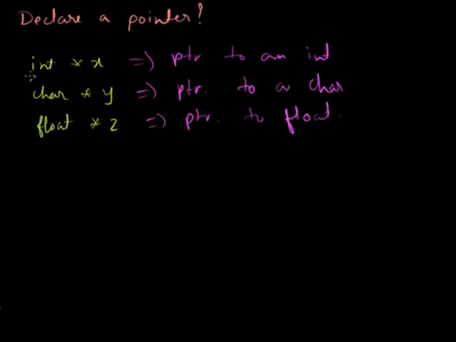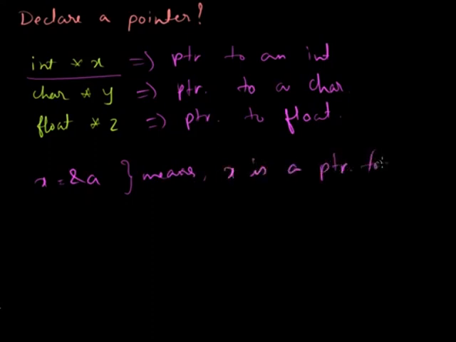Now considering this, if I declared int star x, that means x is a pointer to an integer, and in some part of a program I say x is equal to address of a. What this means is that x is a pointer to a, because x stores the address of a.